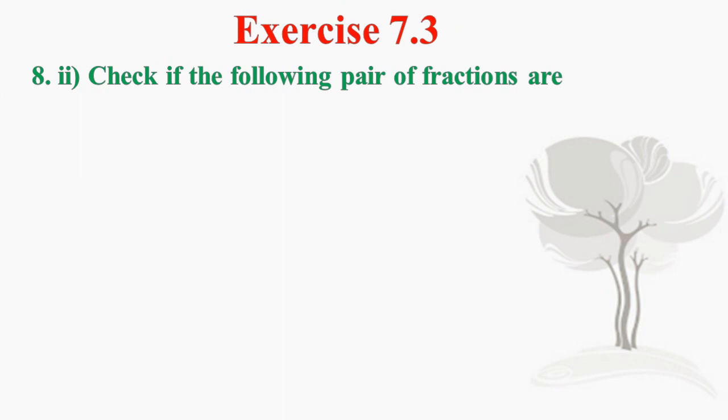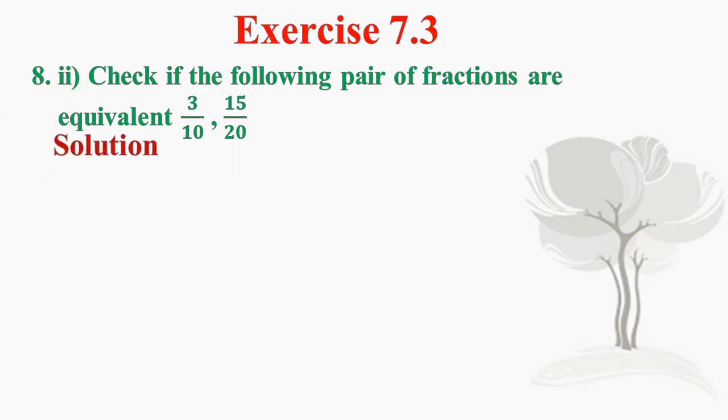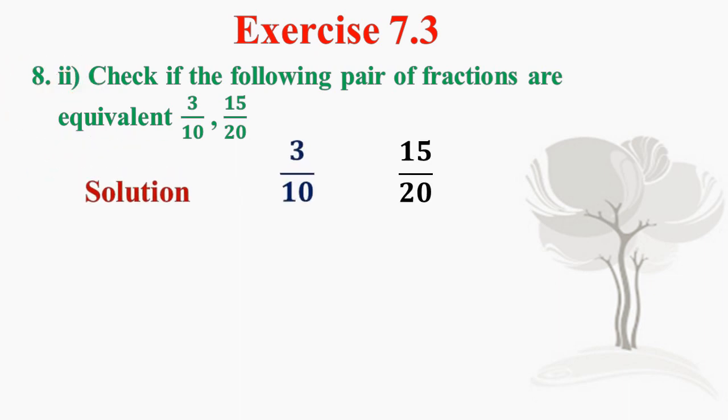Check if the following pair of fractions are equivalent. 3 by 10, 15 by 20. Now there are given two fractions, 3 by 10 equal to 15 by 20. So as you know that formula, first numerator into second denominator. First we are going to multiply these two. 3 20s are 60.